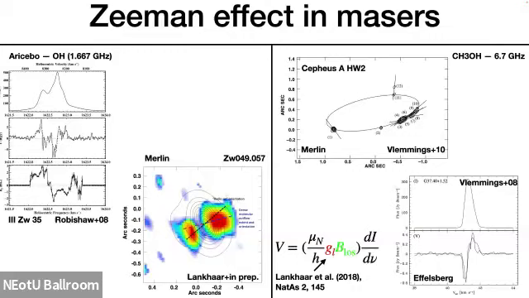I wanted to include this example because we've had recent observations of another LIRG, Zwicky 49, with MERLIN. So these are interferometric observations. We can see that the OH megamaser is actually excited in a collimated outflow. So tracing the magnetic field dynamics of OH megamasers may shed light on the launching of this outflow and makes it a very interesting object.